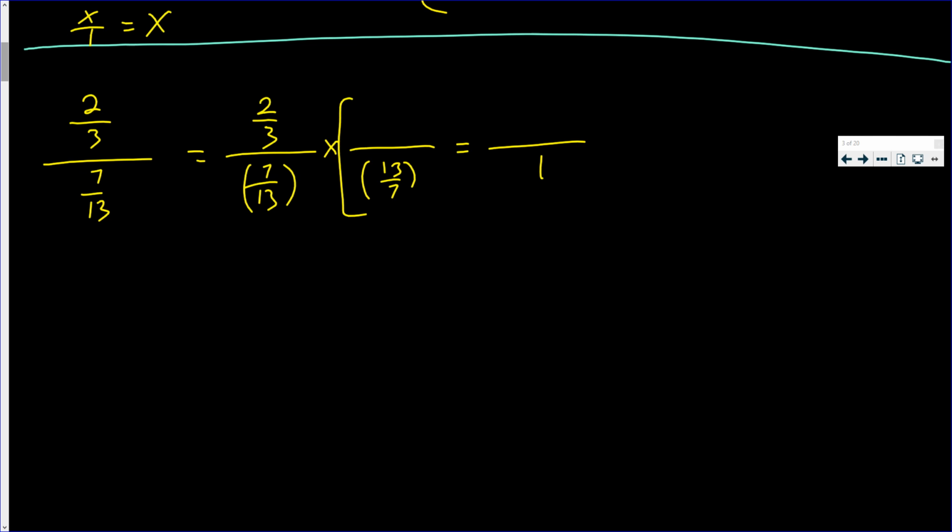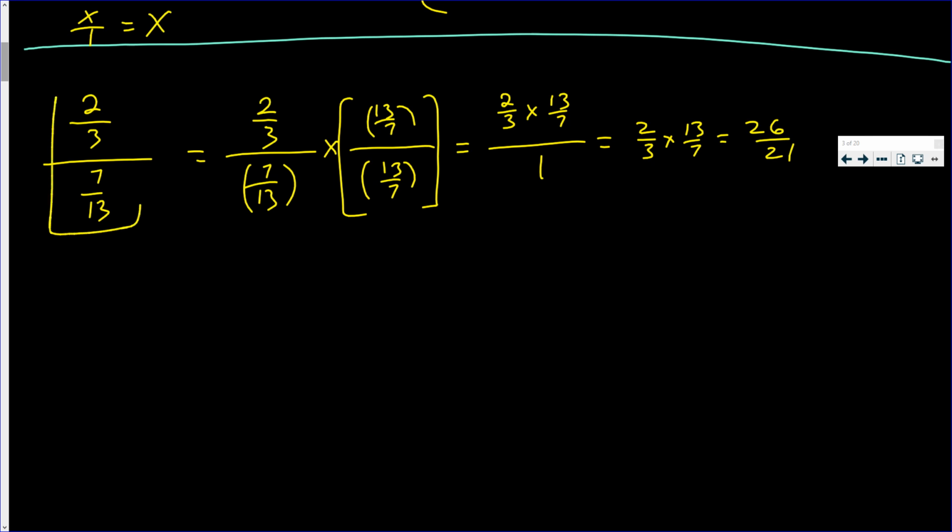Now, whatever is in the denominator has to be in the numerator. So the numerator is 2/3 times 13 over 7, over 1. But dividing by 1 doesn't really do anything. So it looks like 26 over 21. That is the answer to this one.